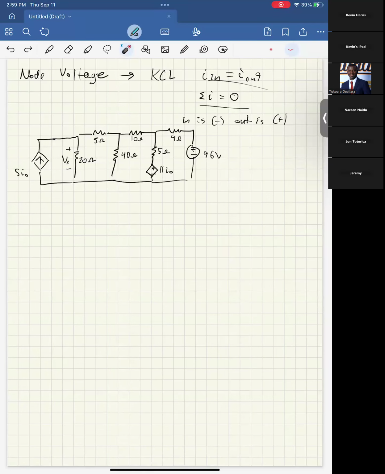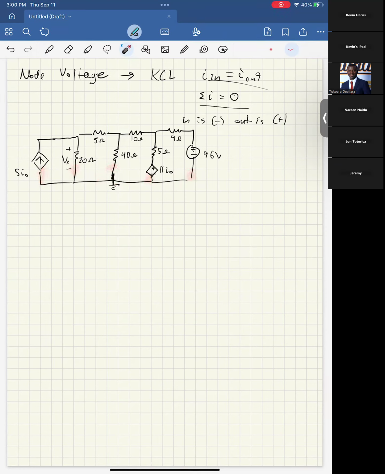So the way that works is we want to start by declaring one point on the circuit as 0 volts, just so we can have something to reference with the rest of it. Usually for this class, your circuits will be drawn such that the bottom is 0 volts. Generally, you want where as many components as possible touch to be 0 volts. So if you look, this bottom node is touching here, here, here, here, and here.